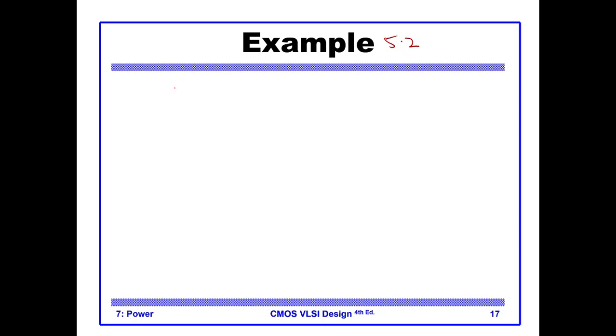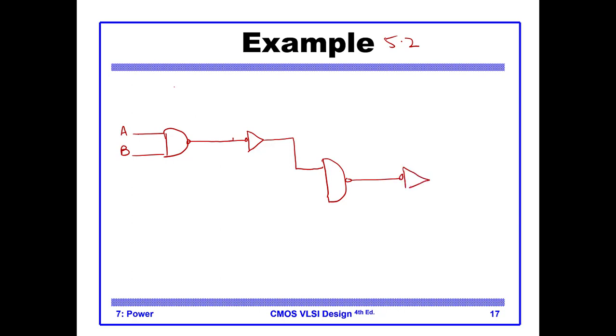In this we have A, B, a NAND gate, then we have this NOT gate, then we have another AND gate, then another NOT gate, then we have another NAND and another NOT.